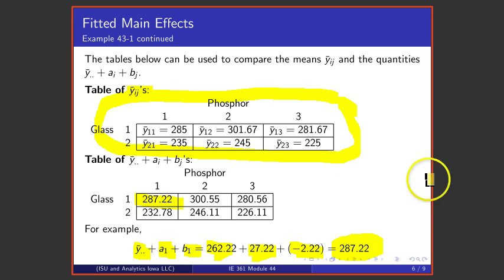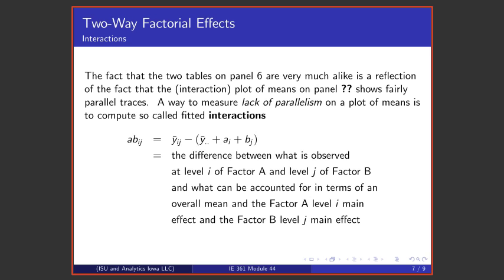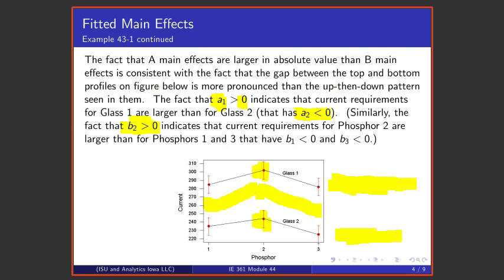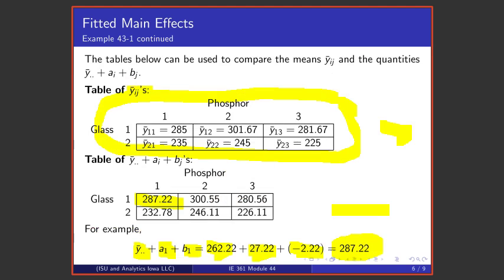And in fact, if I compare this table with that table a cell at a time, they're very much alike, and that is a quantification of the fact that the interaction plot for this particular example has very nearly parallel traces. So the point is that this trace is very nearly parallel to that trace.